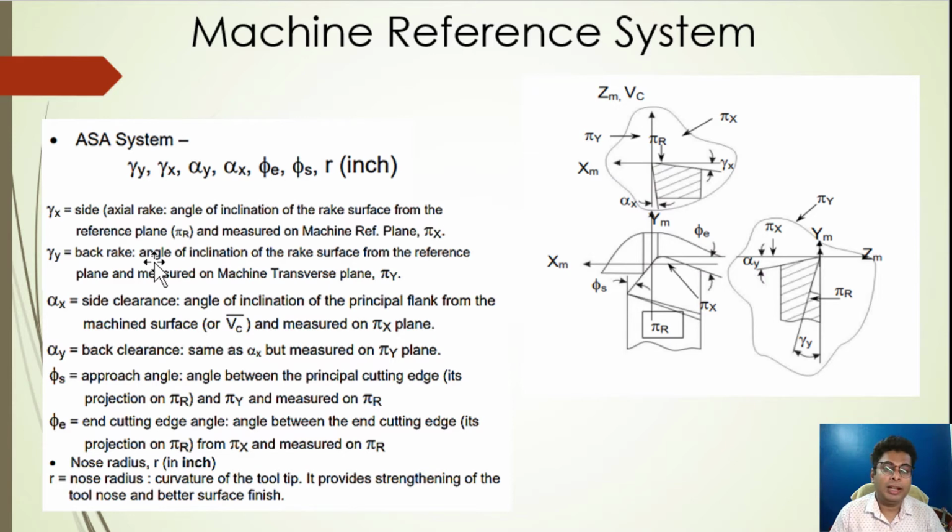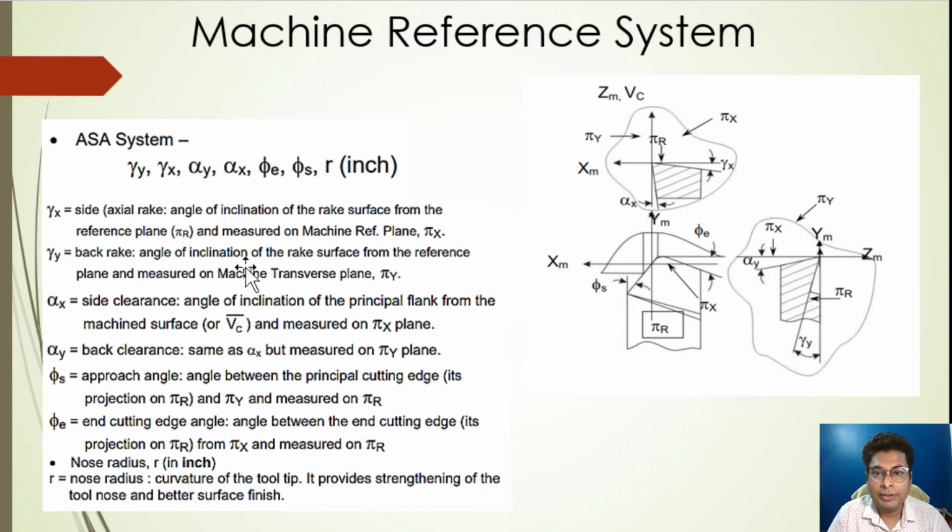The angle it makes, placed on a particular reference plane with some other plane, that may be pi x, pi y or pi r, gives the value of the angles of the cutting tool in degrees.